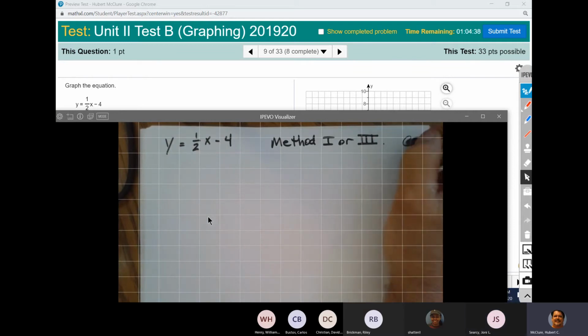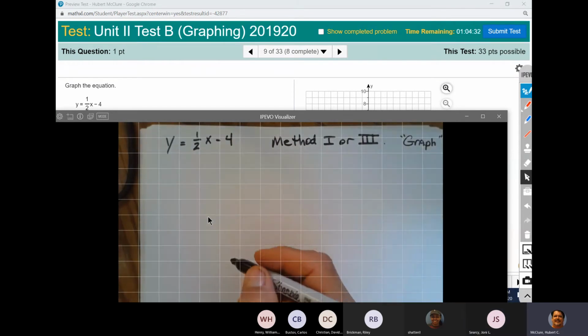That's all right. When you see the word graph just by itself, it doesn't say graph using points. It doesn't say graph using intercepts. It doesn't say graph using the slope and the y-intercept. It just says graph. You can use any method.